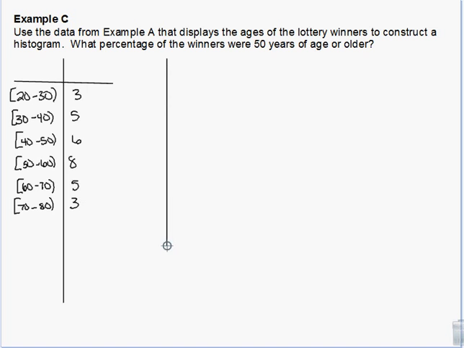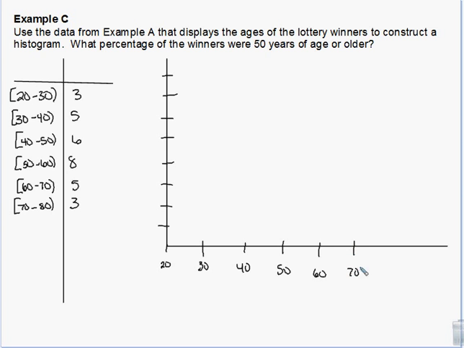Then I'm going to make a y-axis and an x-axis. And I have my highest frequency is 8. So 8. I have 20, 30, 40, 50, 60, 70, 80.